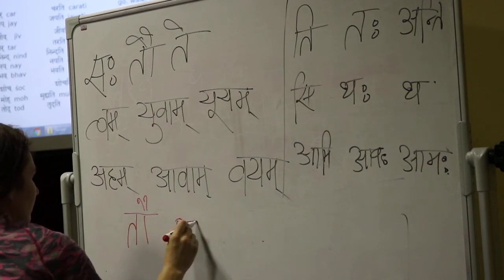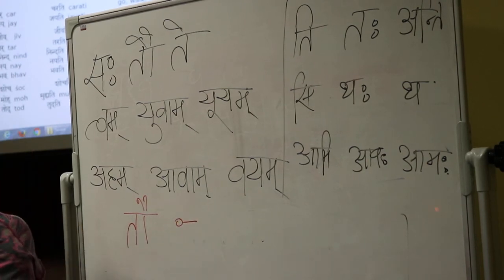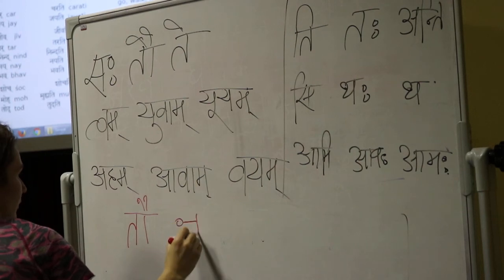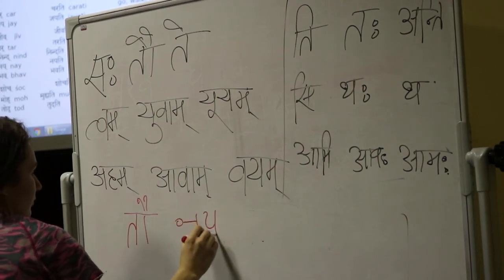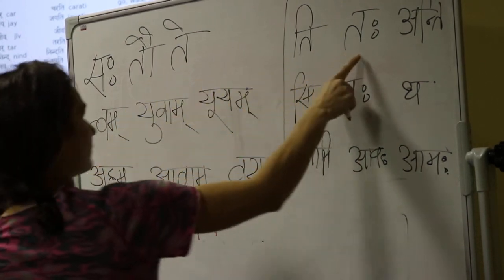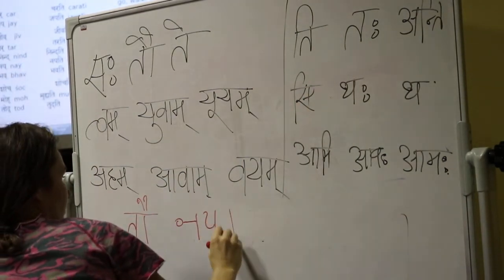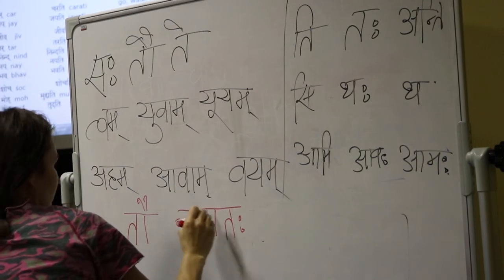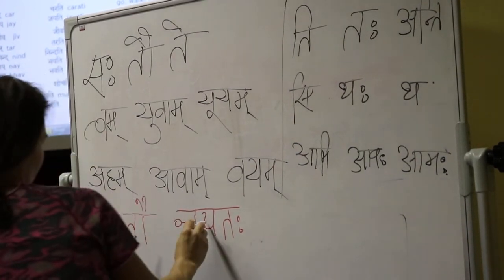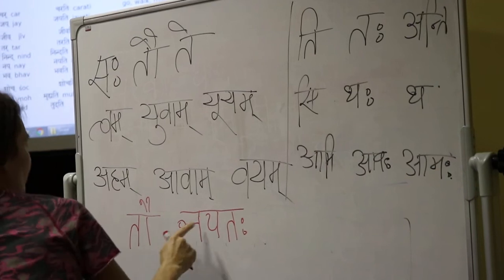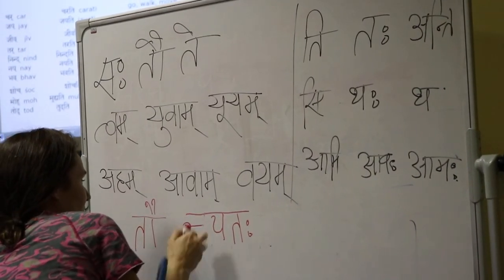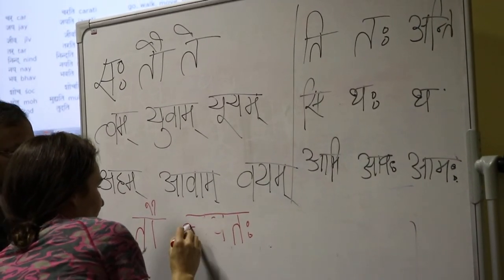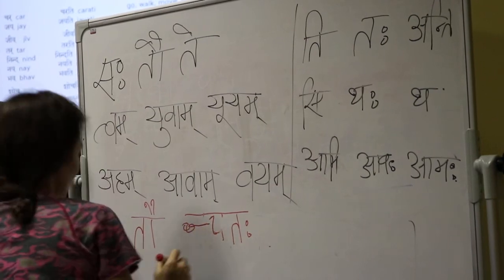Tau. Naya. Tah. Correct. Very good. The only problem is the way you write na is not correct. Na, how will you write na?